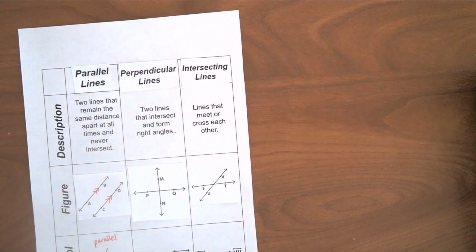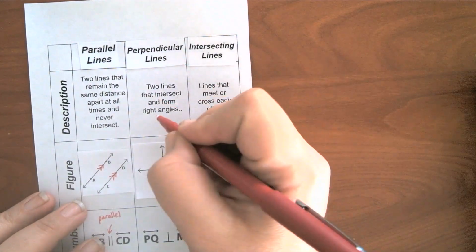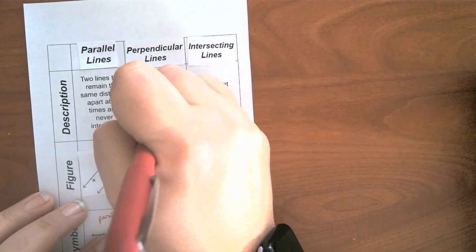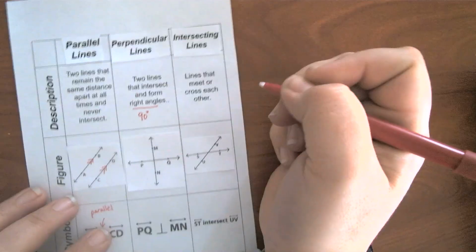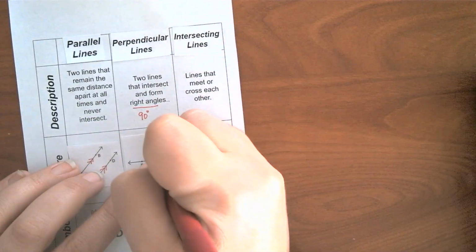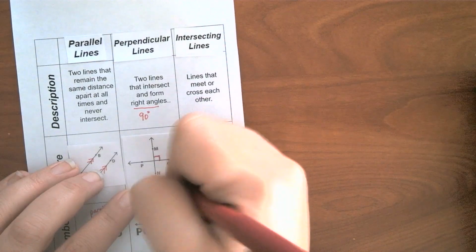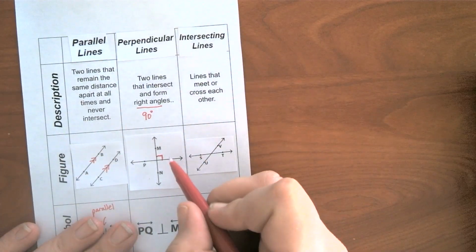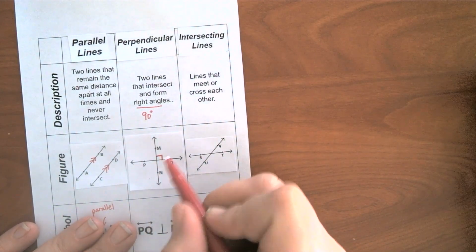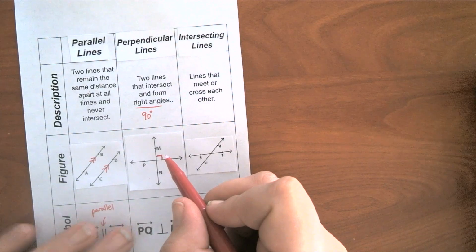All right, so we want to mark the diagrams accordingly. If they're forming right angles, so that means a 90-degree angle, we want to mark that on this diagram to show that these are perpendicular. So that means we're going to put a little box between NM and PQ. It doesn't matter which of the four sections you put it in, but that means that's a 90-degree angle, and that mark tells you that these lines are perpendicular.